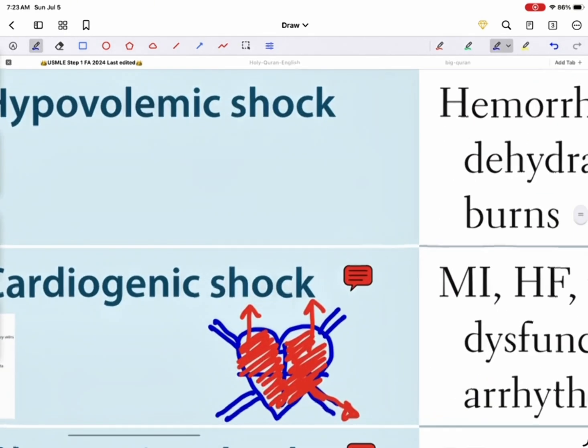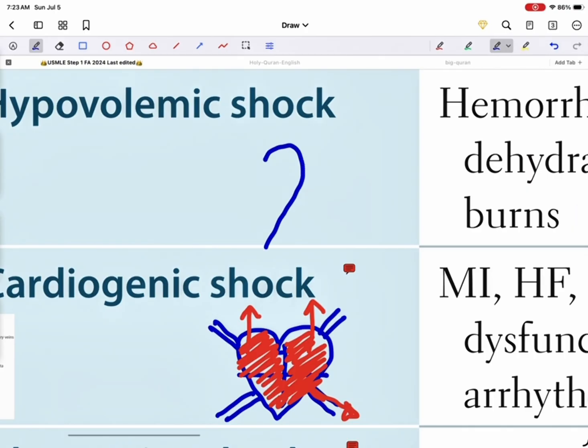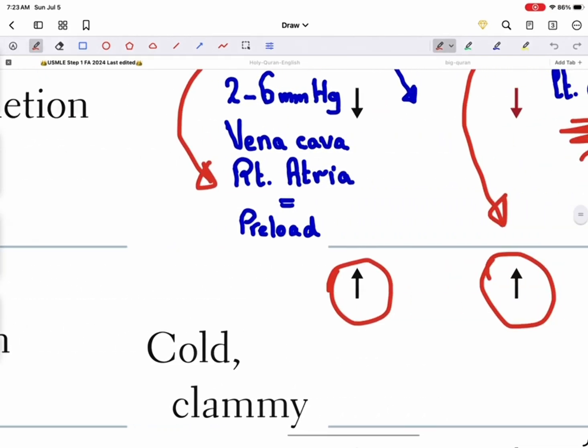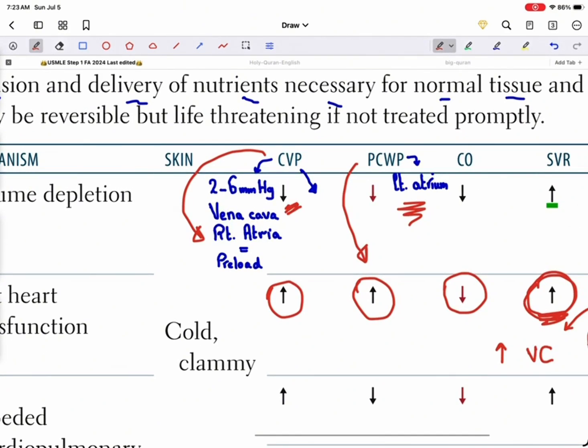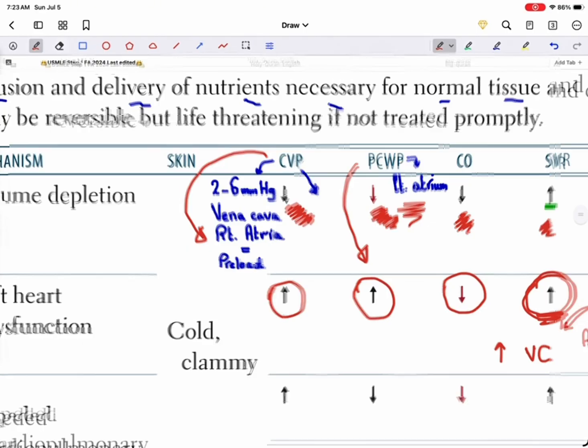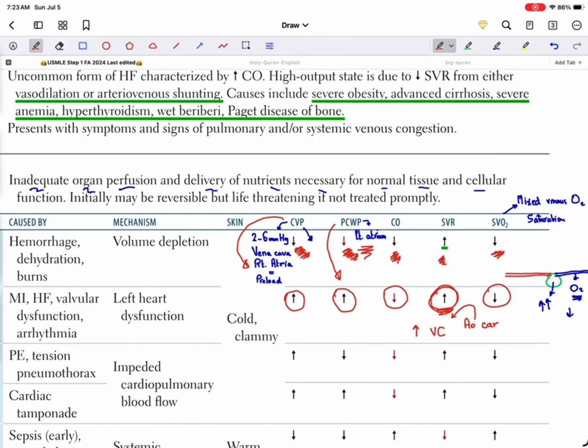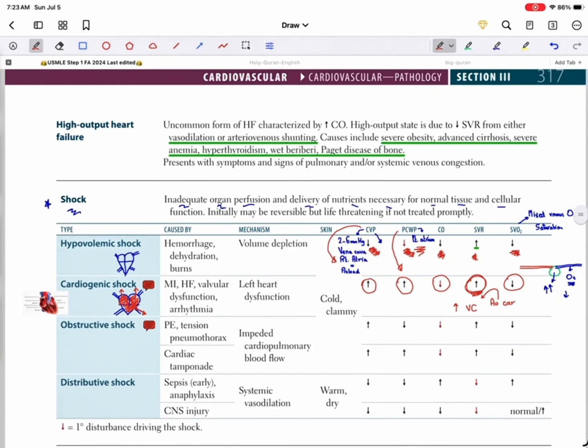It's easy to figure out because this is the heart, and with hypovolemia you don't have enough volume, you don't have enough blood. Okay, the heart is empty, no blood anywhere, so everything would be low. The CVP would be low, the pulmonary capillary wedge pressure would be low, cardiac output would be low, systemic vascular resistance would be high, and the mixed venous oxygen saturation would be low as well.